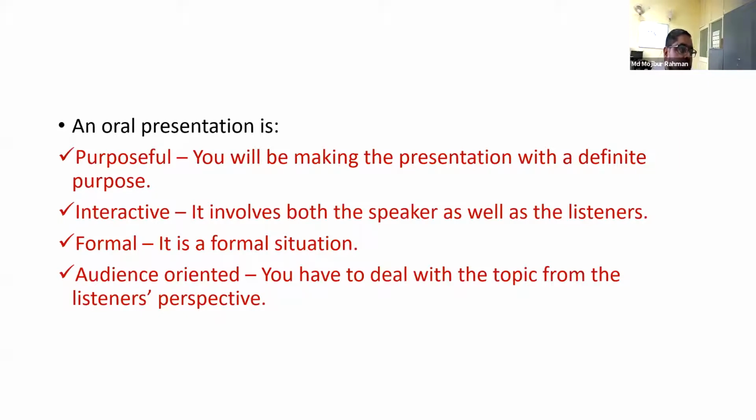Now, oral presentation is basically purposeful. That means you have to make the presentation with a definite purpose. Then interactive. That means we have to interact with the audience. That means there is two-way communication here.